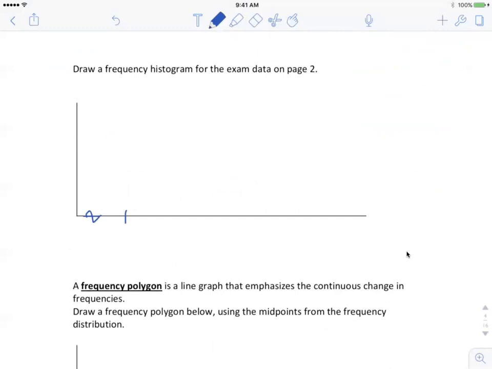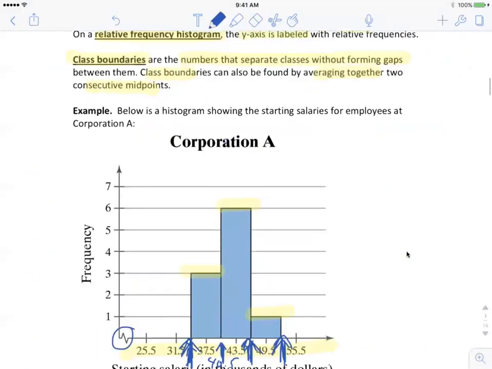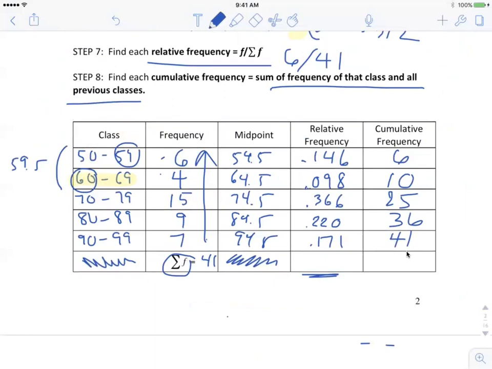So if I go back to my frequency table, I'm going to use those as my labels for the x-axis. Again, your other option is class boundaries. You could do it that way too. But midpoints are my favorite way because it's just less clutter.